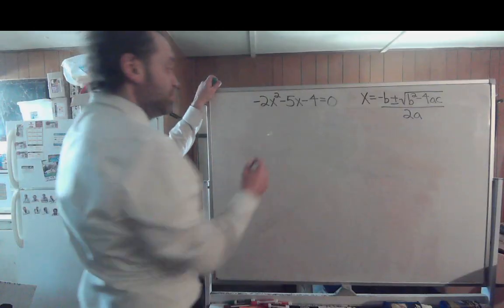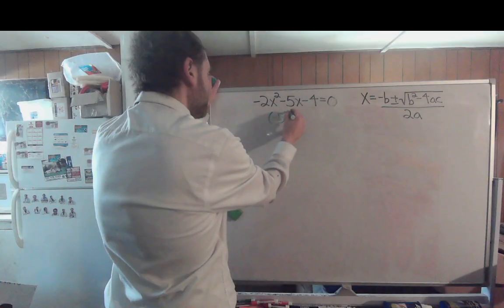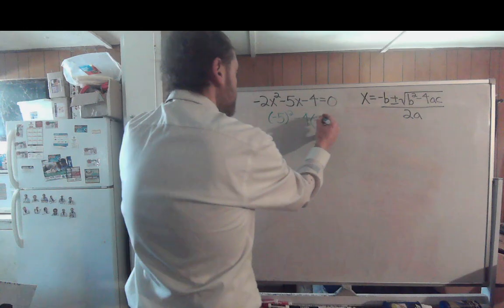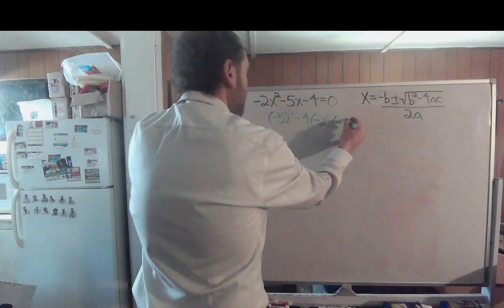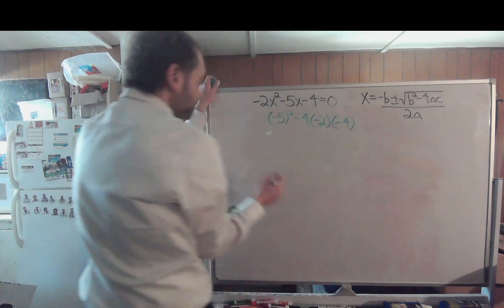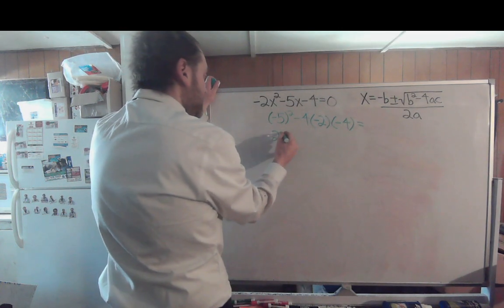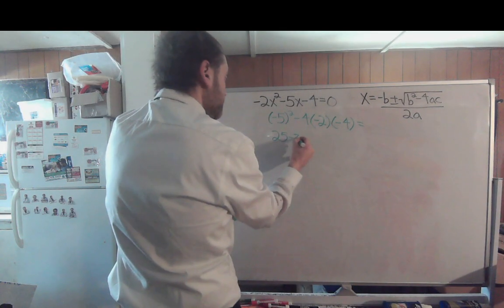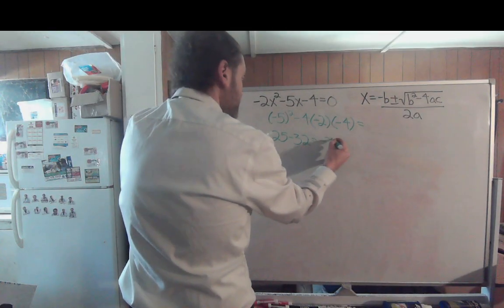So do your discriminant, take that b squared, which would be negative 5 to the second power, minus 4 times your a of negative 2 times your c of negative 4, which is going to end up giving you 25 minus 32, which would end up, of course, giving you negative 7.